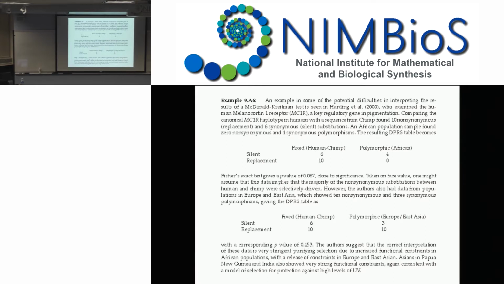Divergence data hasn't changed. Your reference polymorphic sample determines what's correct, and there's no right or wrong answer here. This simply shows that where you take your reference is very critical. What this clearly shows is strong purifying selection in Africa, weak purifying selection in Europe. Was there strong or weak purifying selection in the human-chimp split?